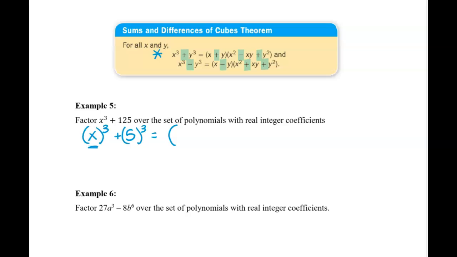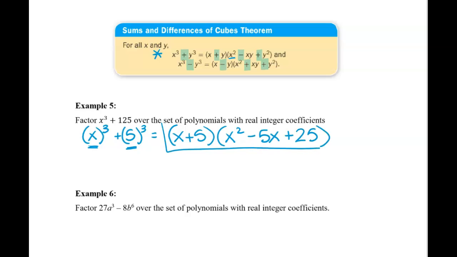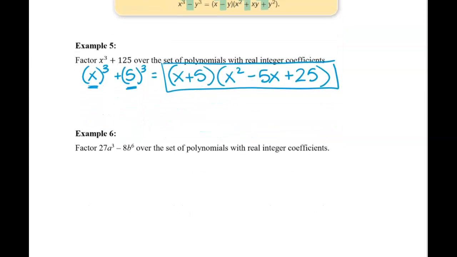So first term plus second term times first term squared, which is x squared in this case, minus the terms multiplied together, which is 5x, plus the second term squared, which is 5 squared, which is 25. And that's our answer.